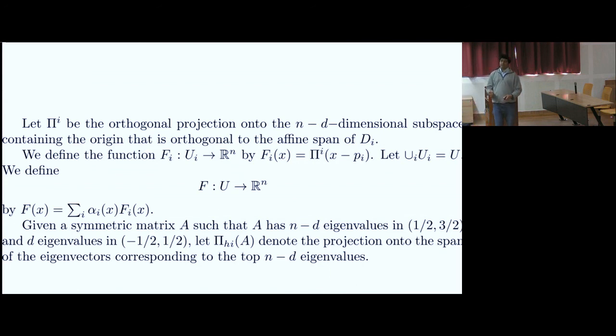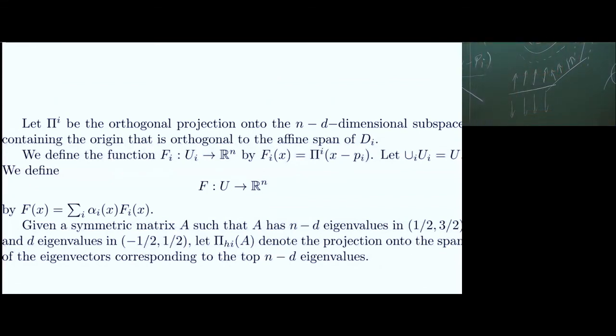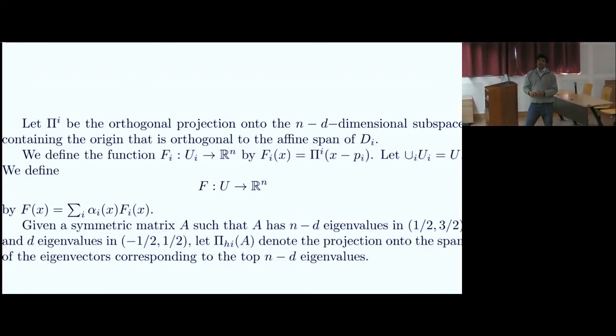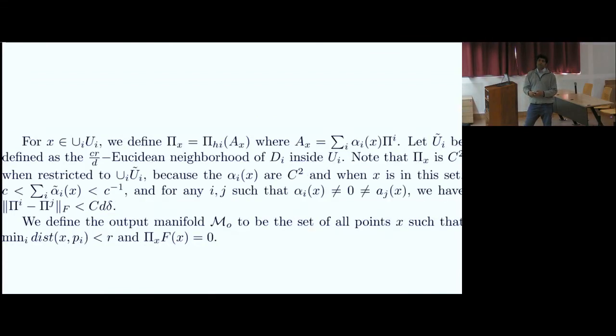What we can say, however, is that if you now project this vector field onto a certain set of planes, you will get a new vector field, and the zeros of that vector field are the manifold. So f of x is the vector field.